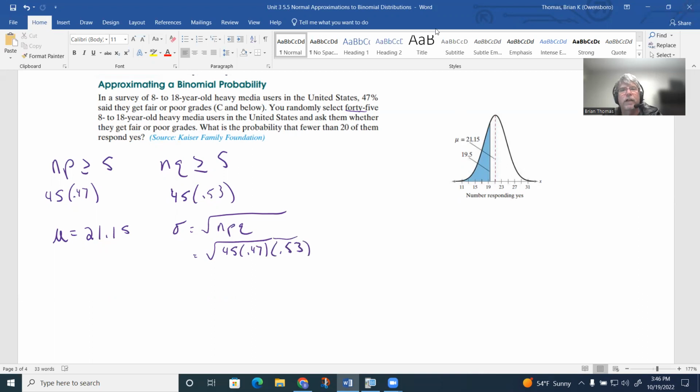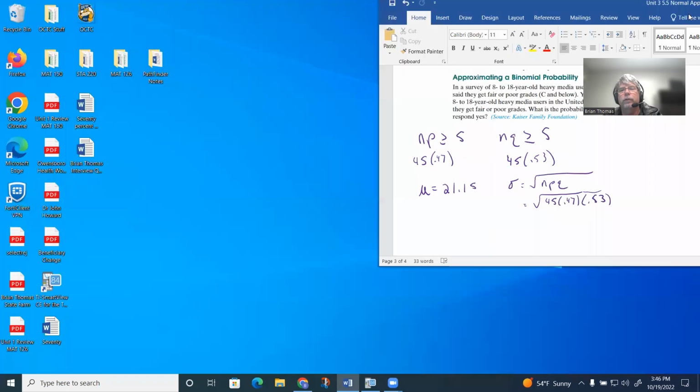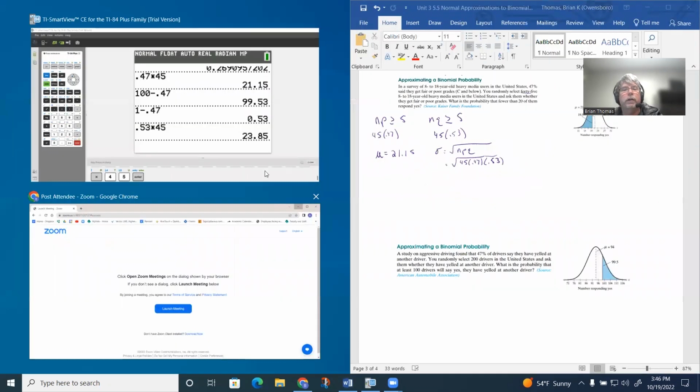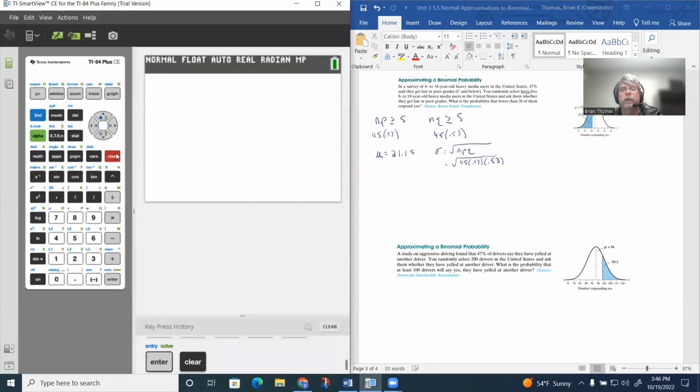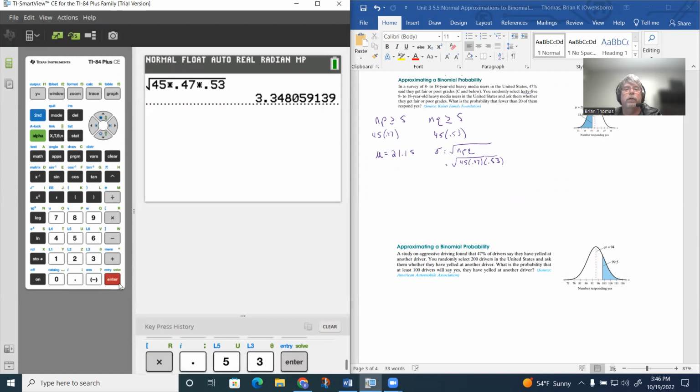I'm going to have to slide that over because I can't remember all those numbers, and then pull up my calculator and clear this all off. The square root of 45 times 0.47 times 0.53 gives us 3.34. So we'll say 3.35 would be our standard deviation.